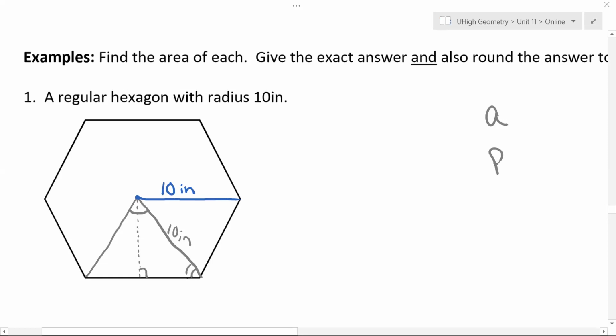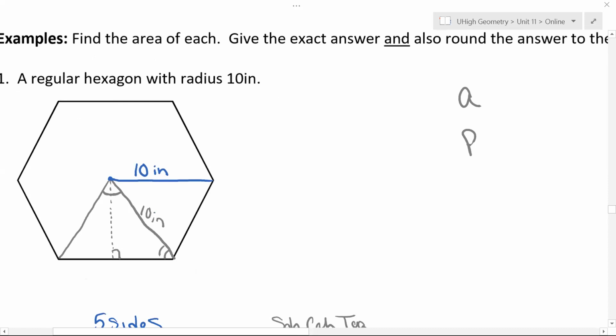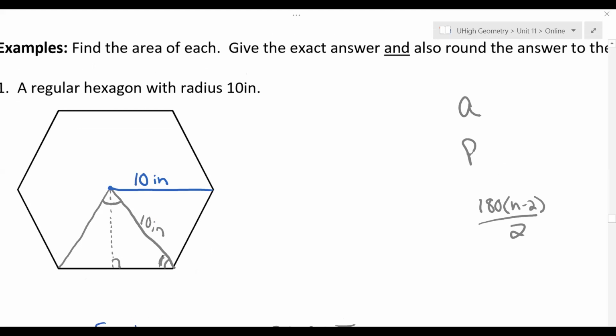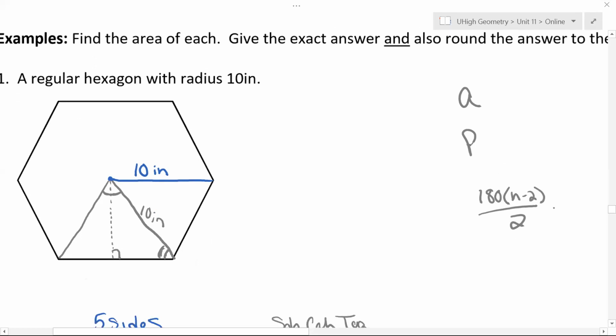Remember, we have two ways to find angles. We can find this angle here, one of my interior angles, using 180 times n minus 2, divided by n. Or I can find the central angle by doing 360 divided by my number of sides. So I'm just going to show you the way we didn't do on the last problem. So I am going to find the interior angle measure. On this one I have a hexagon, and a hexagon has 6 sides.